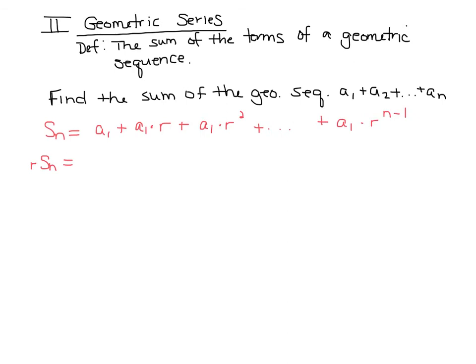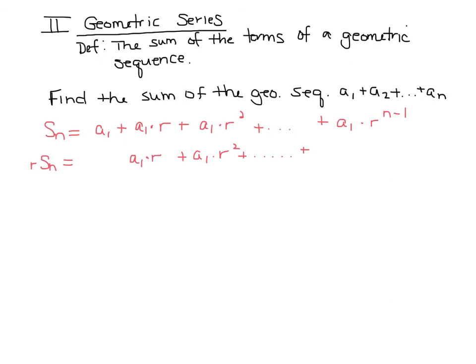Therefore, now I'll have a sub 1 from originally times r. Then I know my second term is a sub 1 times r, but times r again is a sub 1 times r squared. Now this might seem strange, but my last term is not a sub 1 times r to the n minus 1.